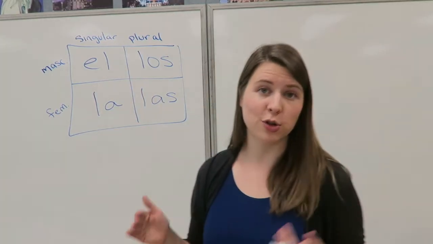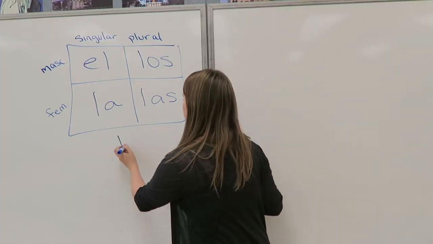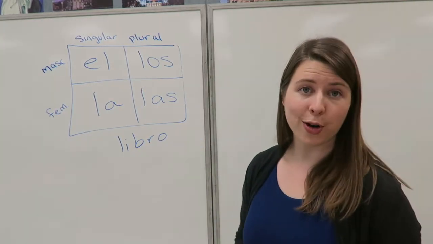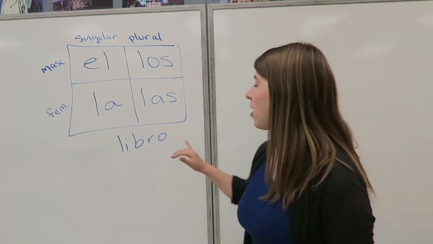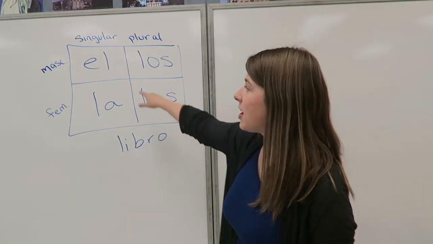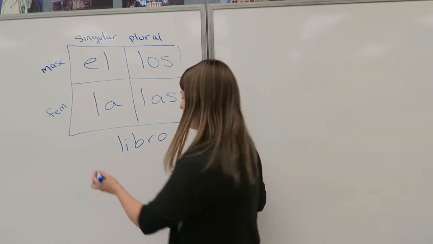This is not always true, but most of the time. So let's take an example word. Our example word here is libro. So if our word is libro, it ends in an O, it does not end in an S, which means it's going to be masculine and singular, el libro.